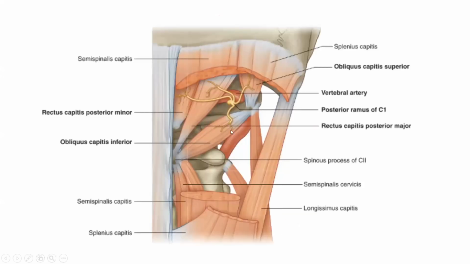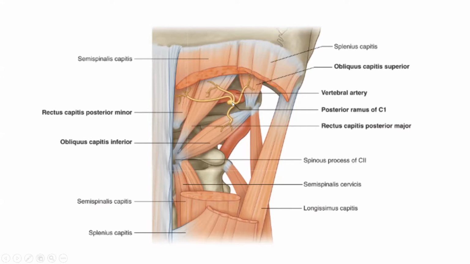The first exception is the dorsal or posterior ramus of the spinal nerve from the segment C1. As a matter of fact, this nerve is called the suboccipital nerve. It has a specific name. Instead of saying the dorsal branch or posterior ramus of the segment C1, we say that it's the suboccipital nerve.